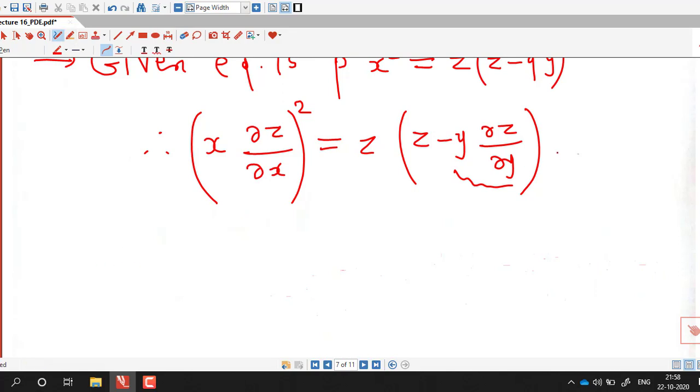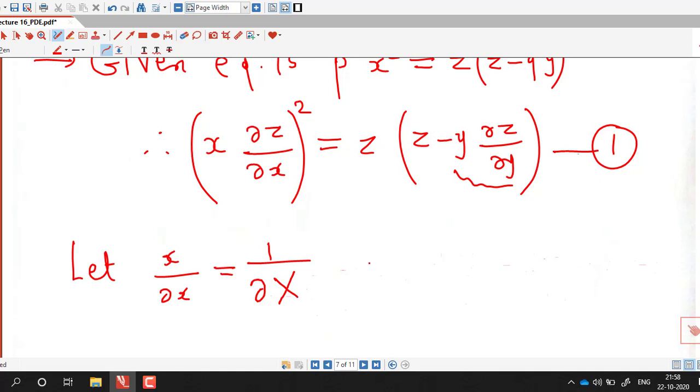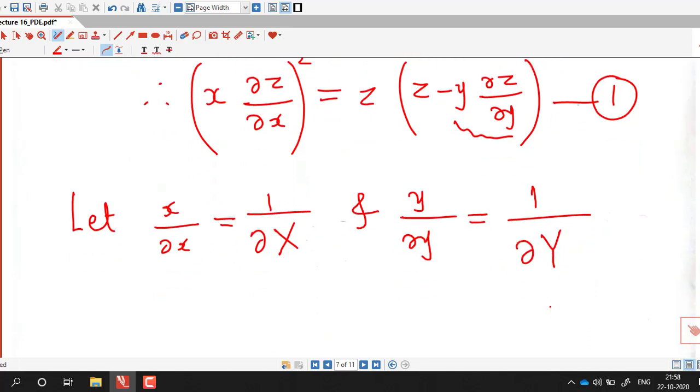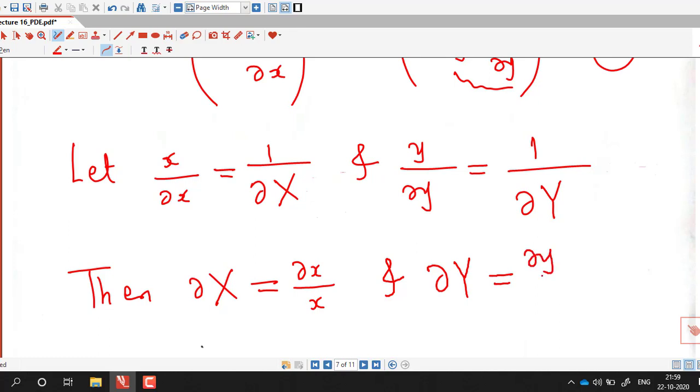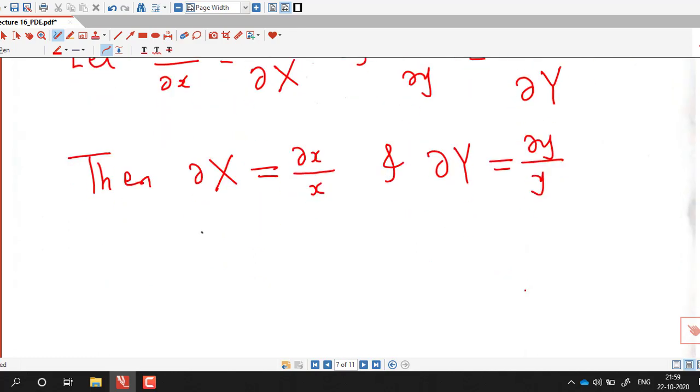So we take this change of variable: x times del by del x is del by del capital X, and y times del by del y is del by del capital Y. Then from this we can rewrite del capital X as del x upon x and del capital Y as del y upon y.